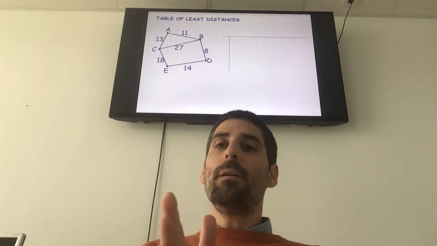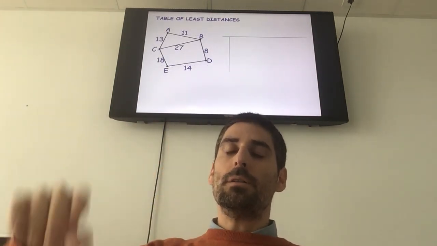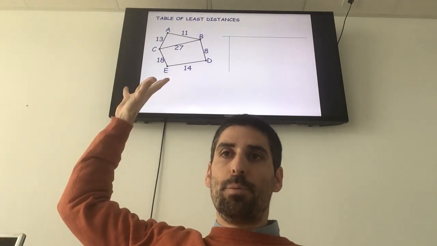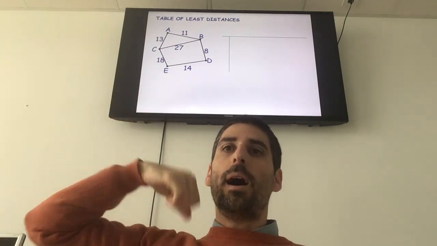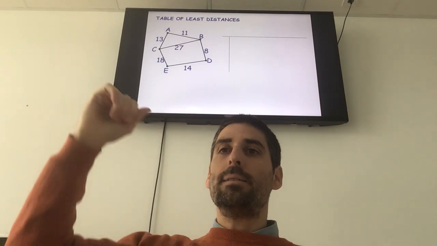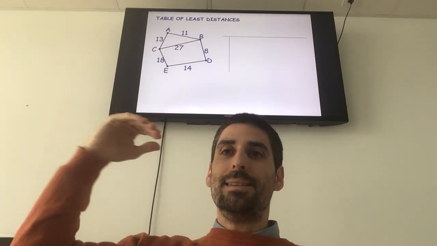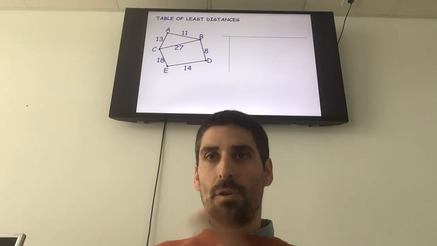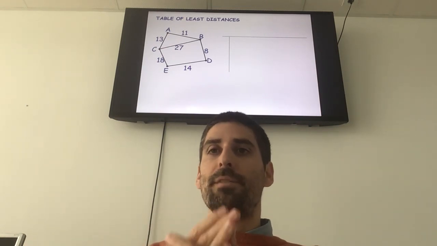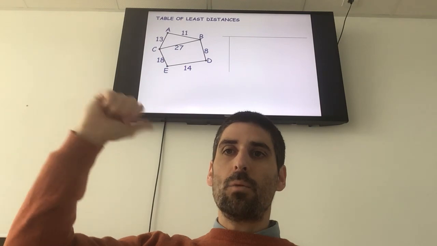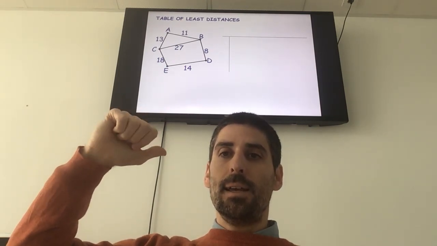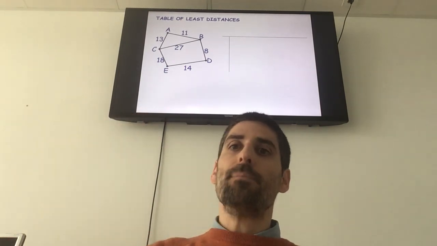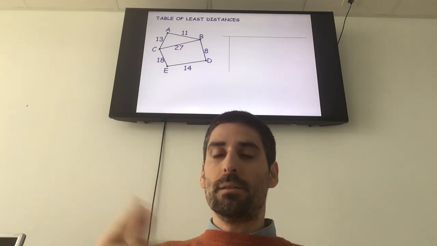Okay, before we do that, here you've got a simple network, and I would like you to find the table of least distances. Okay, you had a question like that in the last mock. Some of you got it very wrong, so pause the video, try to figure out what the table of least distances may look like, and then I will reveal the answer.